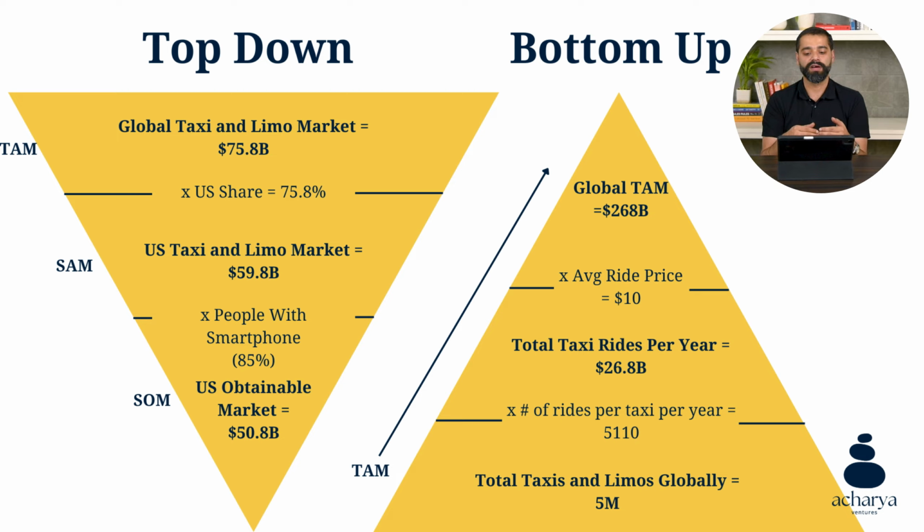SAM being 26.8 and SOM being about 10% of that, or whatever market share they want to get. Basically, you are estimating the TAM over here, and then you go back to your estimates of the area that you're targeting to come up with the serviceable addressable market, and then a percentage of that as your market share being your serviceable obtainable market. This is the number which you base your valuations on in a future round.